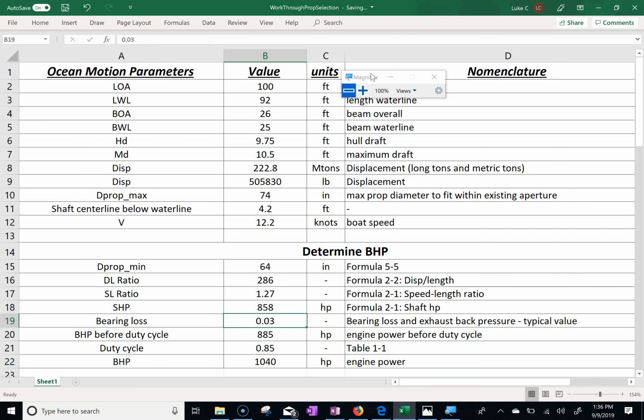So you should get 858. Does everyone get 858? Did you get 858? You go back up to the SHP.